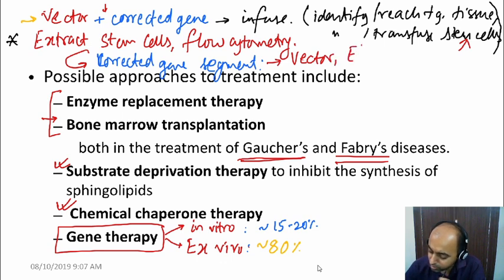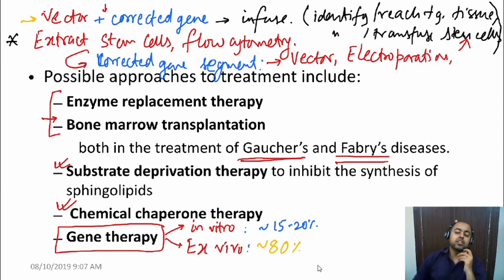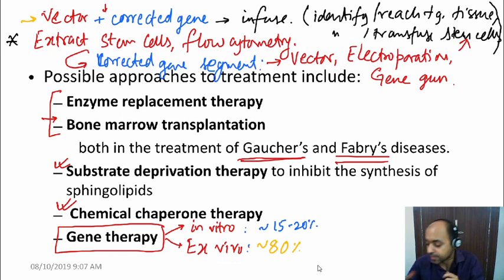We can use what is known as electroporation, or we can use the newer modality which has a much higher success rate. It is the gene gun. However, a lot of experience and expertise is required in handling these gene transport mechanisms.